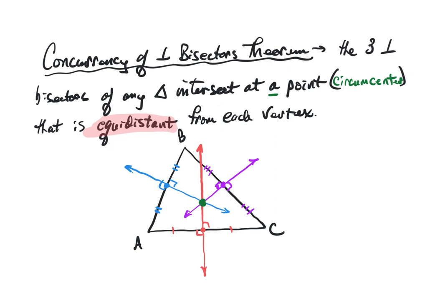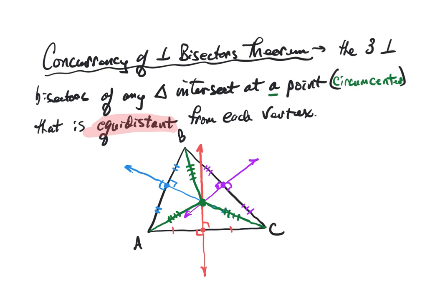So if I pick a different color, something I haven't yet used, let me pick green. From the circumcenter to A, the distance is going to be the same as the circumcenter to B, and that's going to be the same as the circumcenter to C. So all of these green distances are going to be the same.